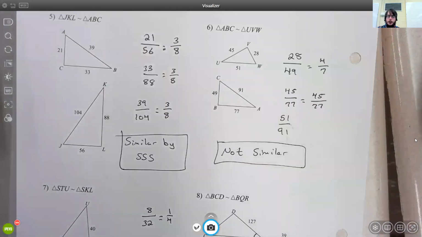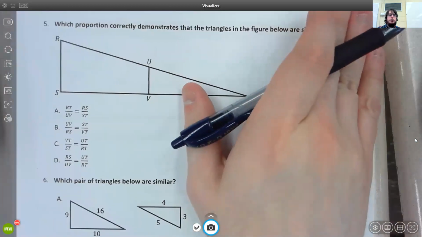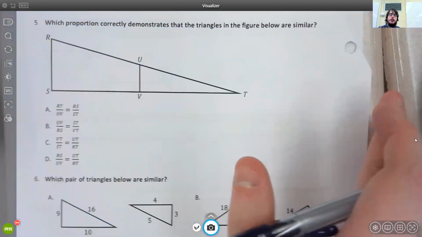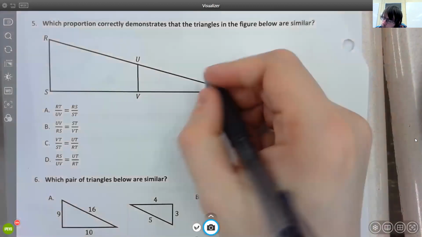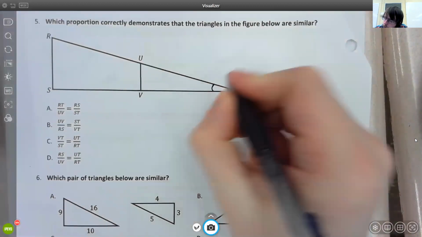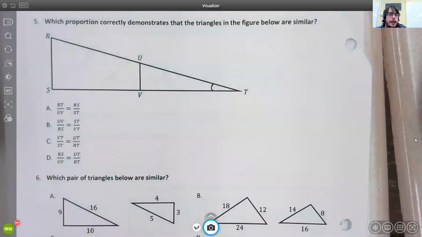All right, we'll look at number 5 now. And number 5 says, which proportion correctly demonstrates that the triangles in the figure below are similar? Now, the way you can do this, obviously, is this has a shared angle here. So you know that the sides that are by it need to be the ones that match up if you're doing SAS.